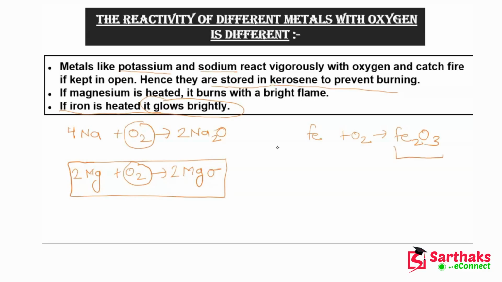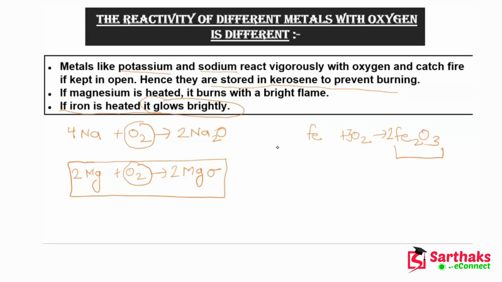This is basically iron oxide. Okay, now this equation is also not balanced. So what will I have to do? If I want to balance this equation, then I will multiply here with 2. Now after multiplying here with 2, I will have to multiply here with 3.